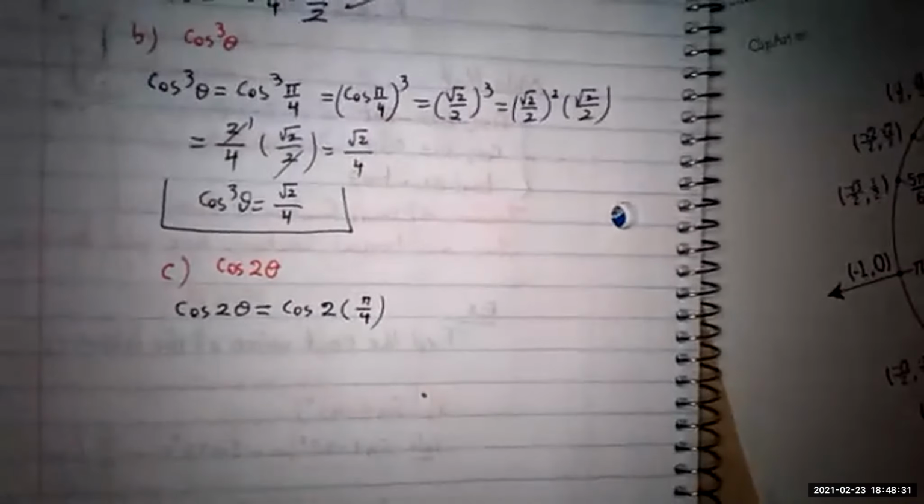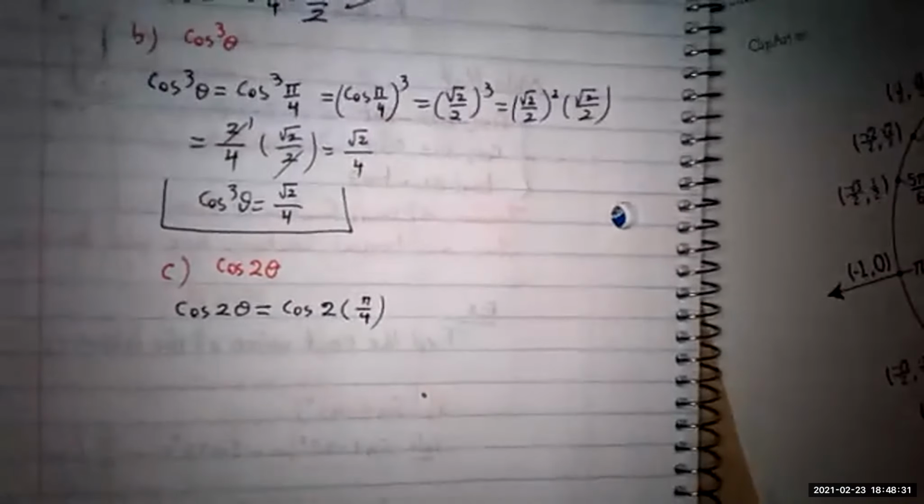Okay, cosine of 2/3 phi. 2/3 theta, the theta is pi/4. Now simplify it a little bit. The 2 and the 4, we can simplify. So that would be 1, 2 times 3, 6. So it's going to be cosine of pi/6. You go to the table.